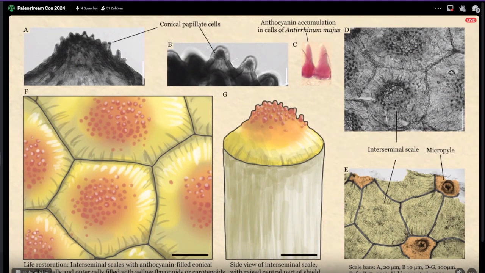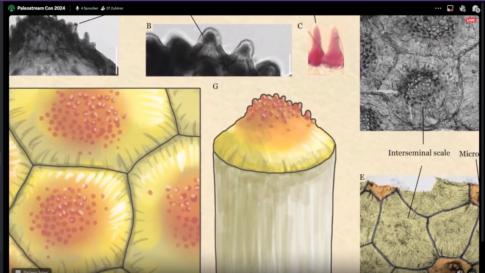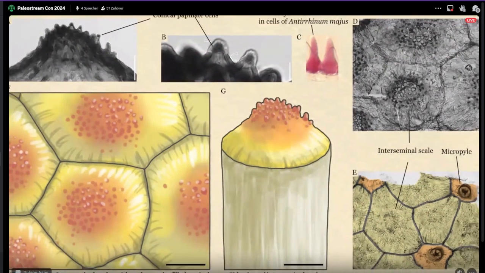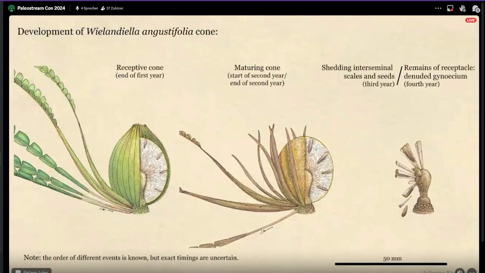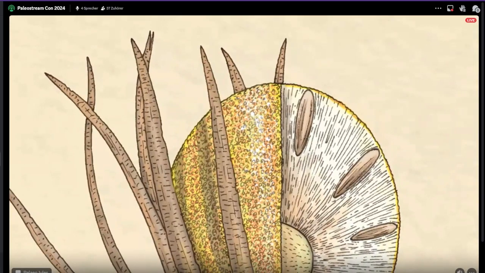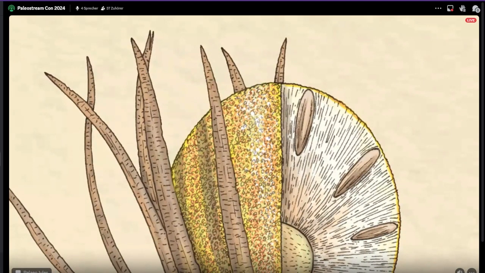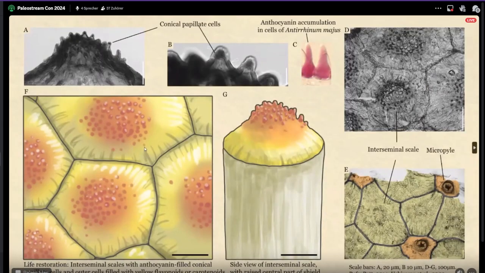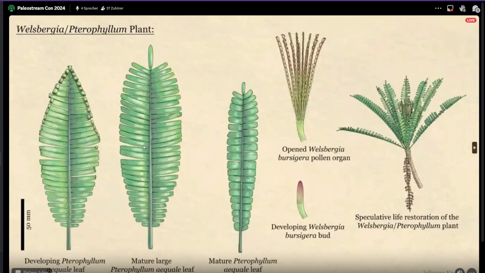We have papillate cells clustered around the heads of the interseminal scales. So it suggests that the scales of these cones were probably flecked with little bright spots of red or pink or orange or some colour like that. So that was very interesting to find out.